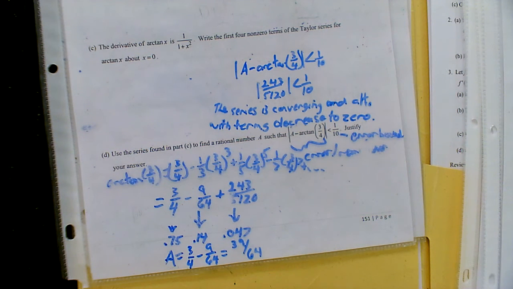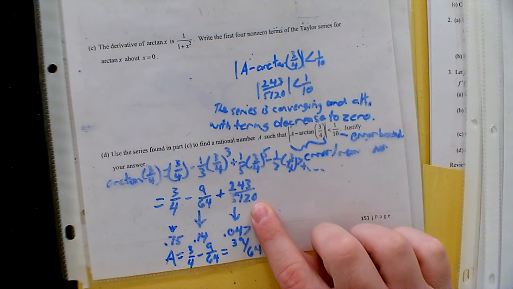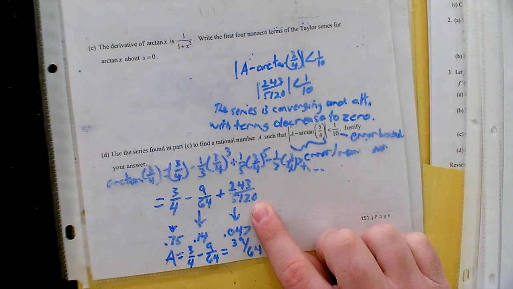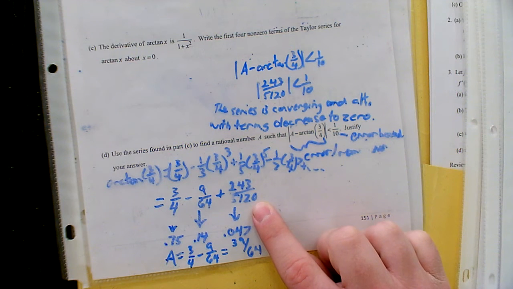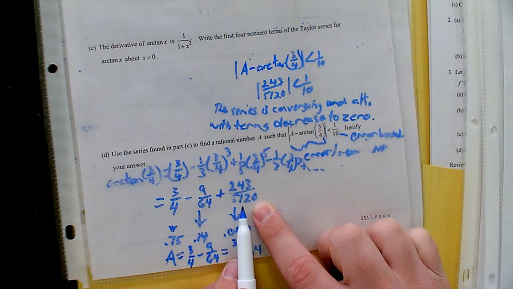Okay, I'm still really... so we found, okay, sorry, the terms up until it was less than 1/10. Yeah, this was the first term that was less than 1/10. Again, relating back to the alternating series, that's what we did. They gave us some error bound, and we went up until we found that first term that was less than that error bound they gave us. This one's less than it.